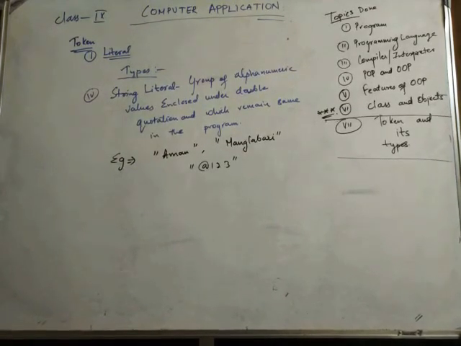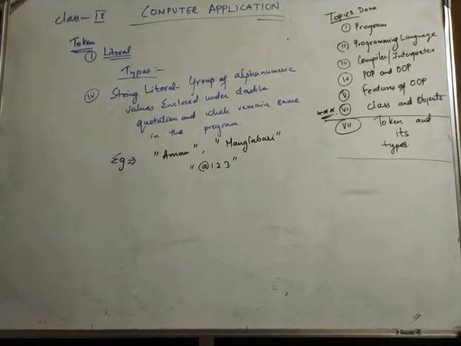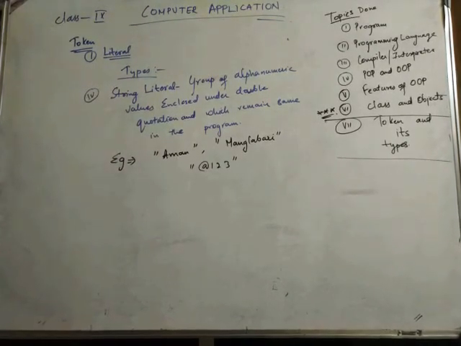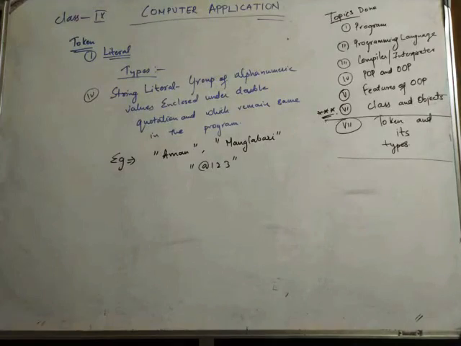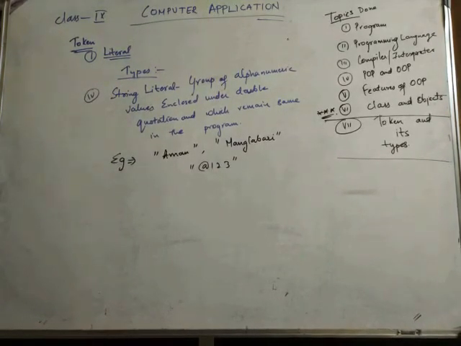When a group of alphanumeric values is enclosed under double quotation, and which remains same in the program, since literal will remain same in the program, it is called string literal, like a name, a place name, anything in double quotation having more than one alphabet. They are called your string literal. Clear all of you? This is what a string literal is.